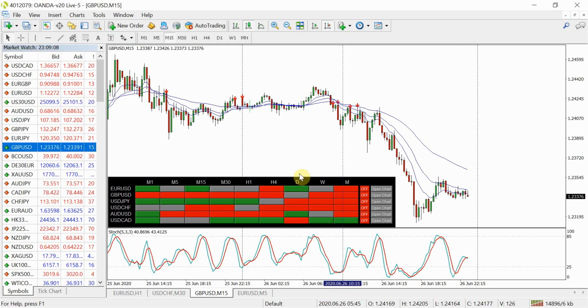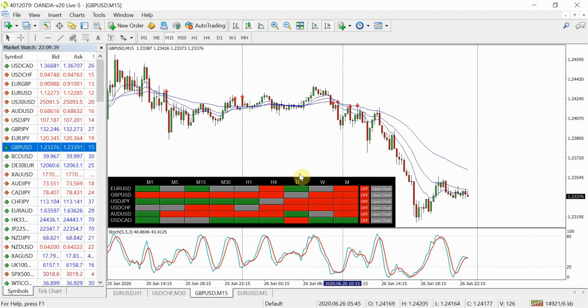Stochastics is an oscillator similar to an RSI, ranging between 0 and 100, and in this case I like to use 85 and 25 as the main barriers. So when it's above 85, it is considered to be overbought, and if it's below 25, it's considered to be oversold.